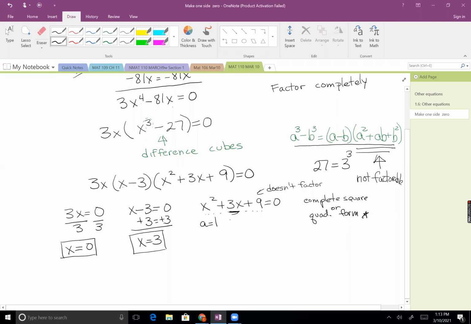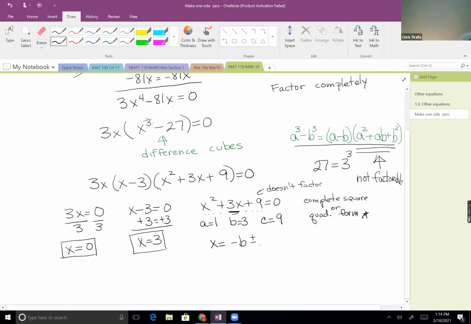Yeah, okay. A is 1, B is 3, C is 9. And again, if that middle term, that first degree coefficient, is odd and it doesn't factor, I pull out my quadratic formula. And the formula is x equals, oh gosh, can anybody remember it? Negative b, then square root?